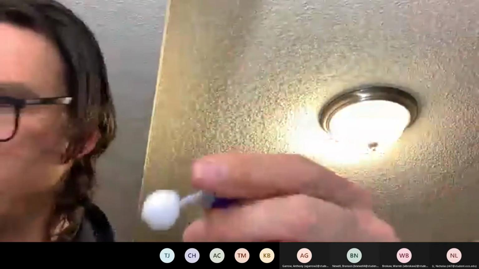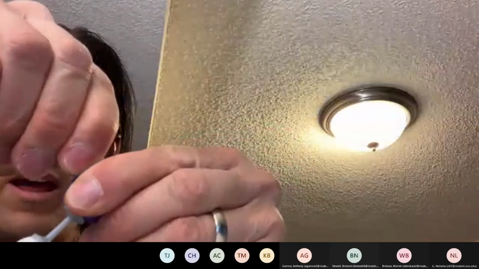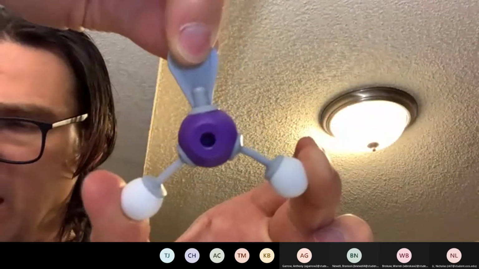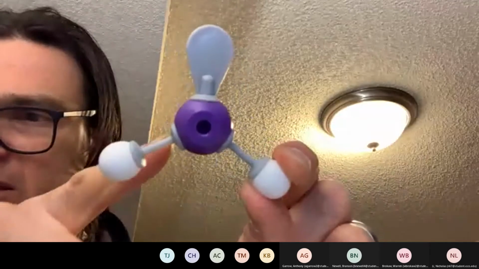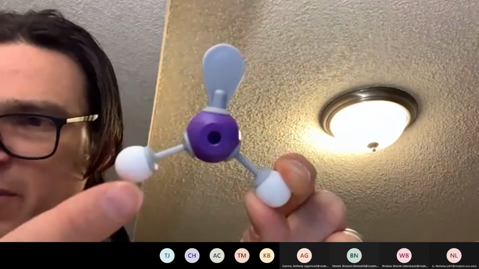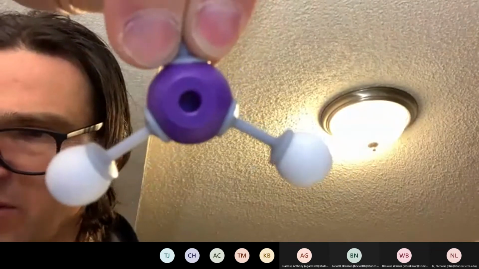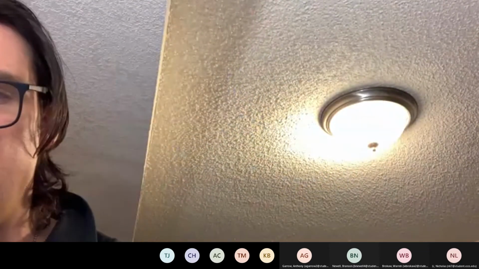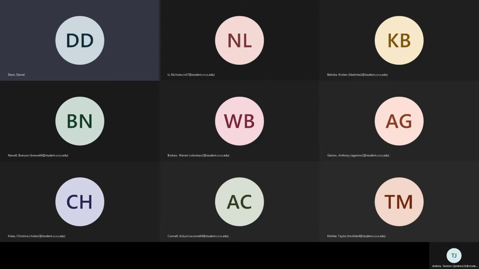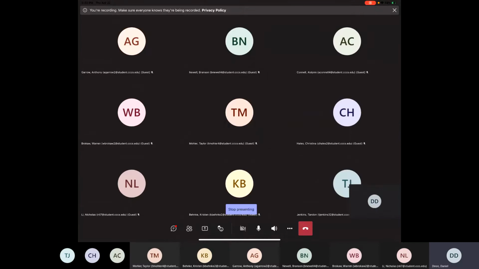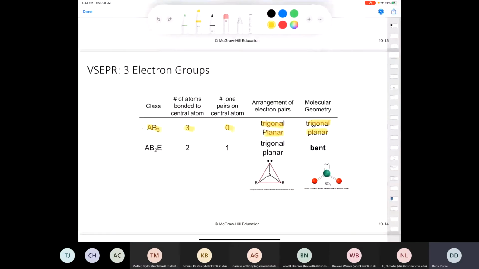If I replace this bond with a lone pair like that, what's it going to do? It's going to squeeze these two together a little bit. But now my molecular geometry only considers the bonds. That's a bent molecular geometry. Give me a thumbs up if you follow me on the concept of going from the trigonal planar to the bent shape when we replace one of those bonds with a lone pair.